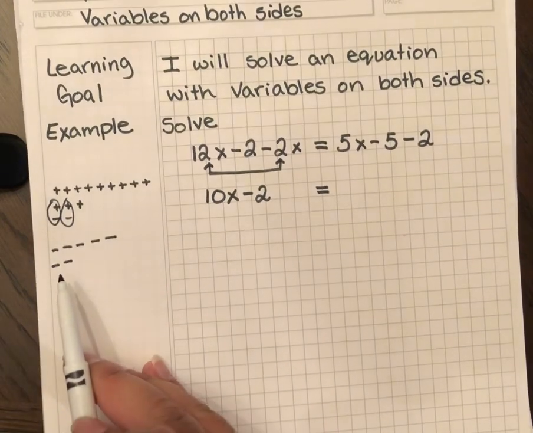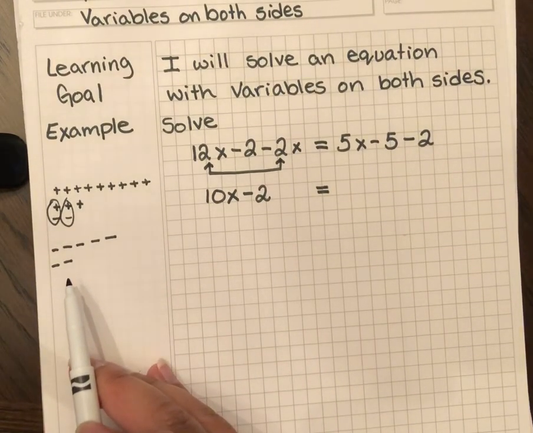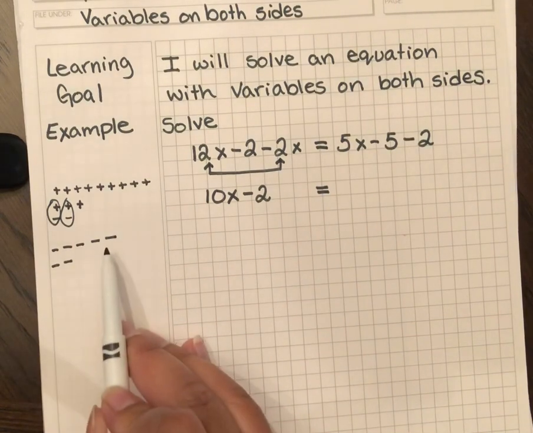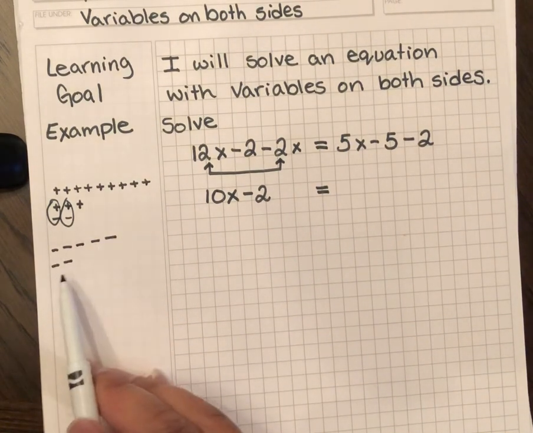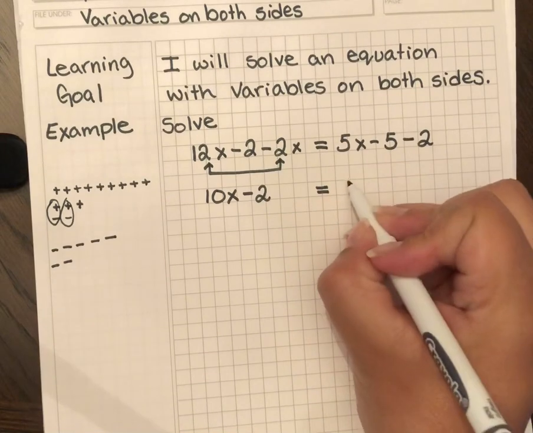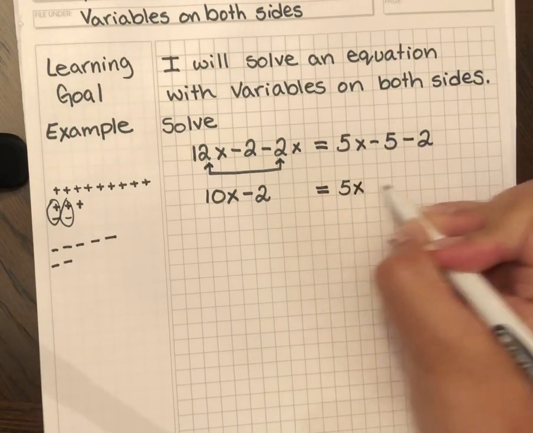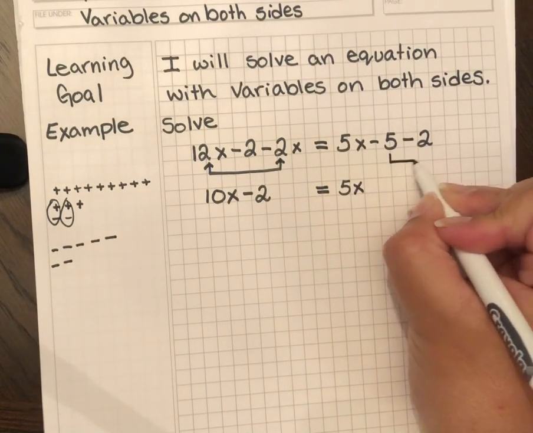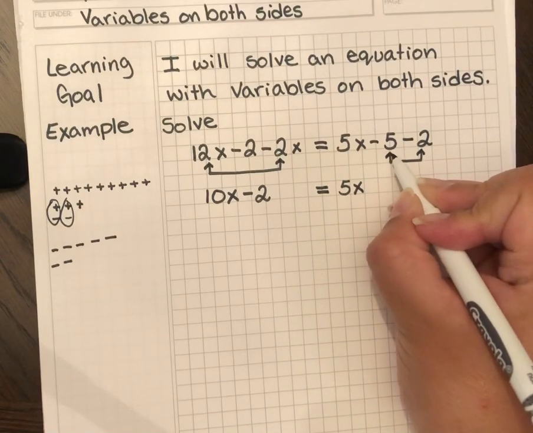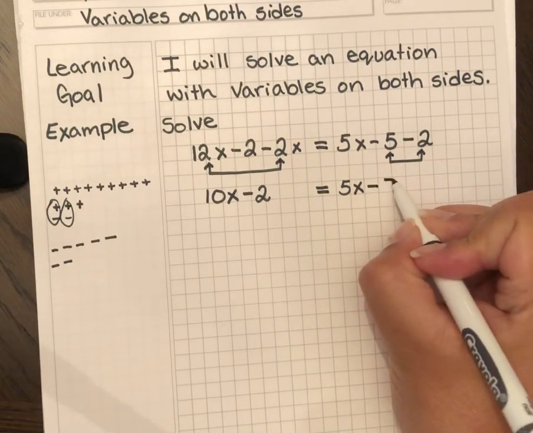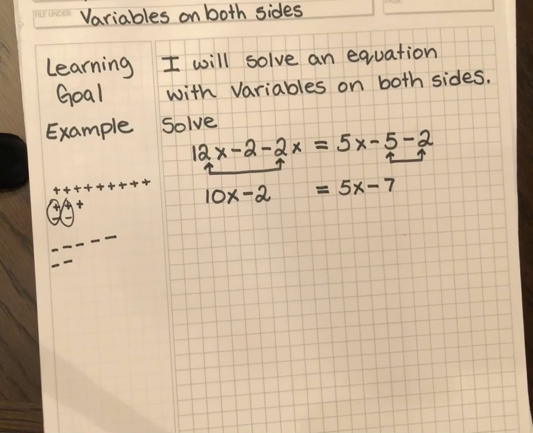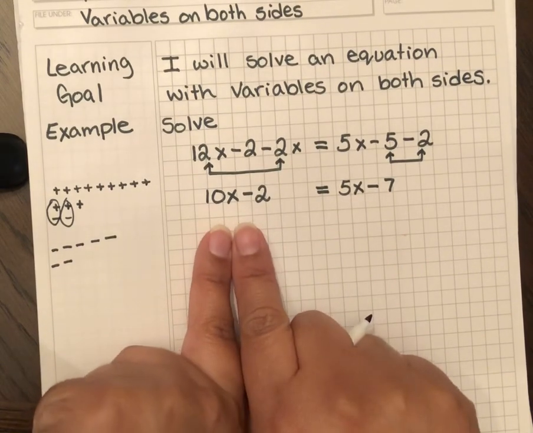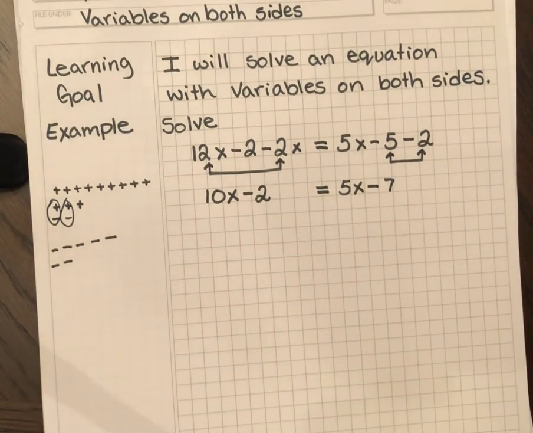Here, I cannot make 0 pairs because they're all the same kind. So that means I have 7 negatives. So I bring down my 5x, and these two come together because they have the same sign, -7. All right, the left is simplified, the right is simplified.